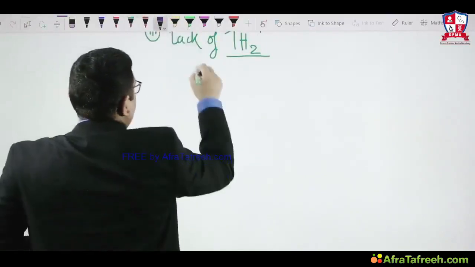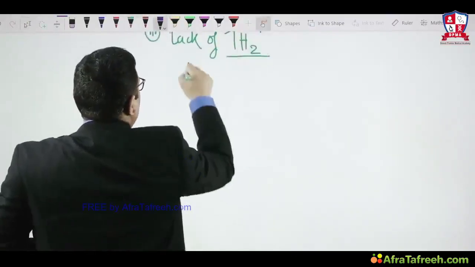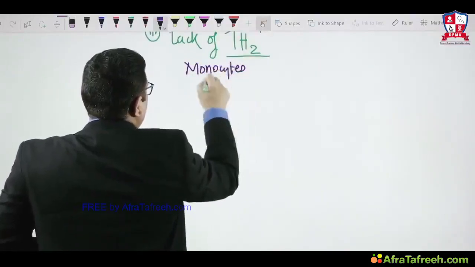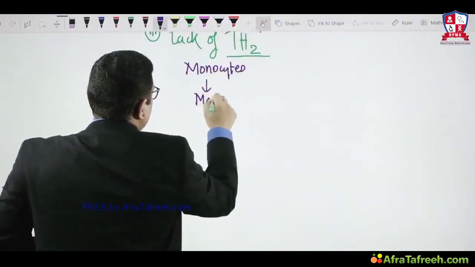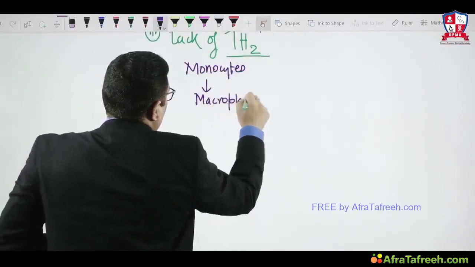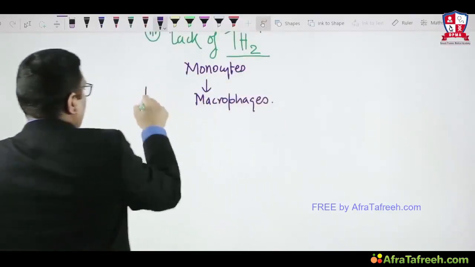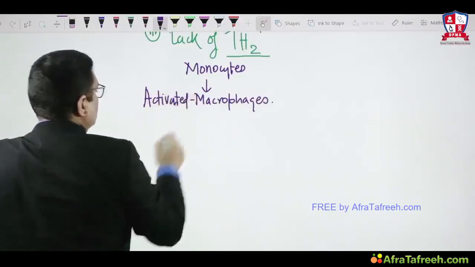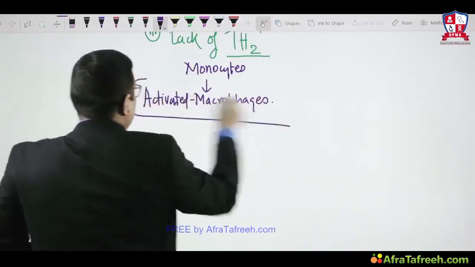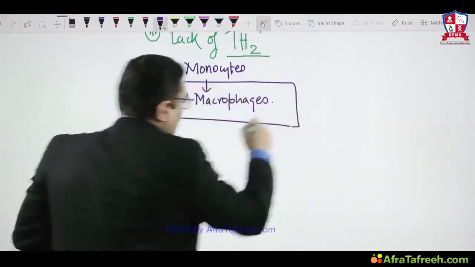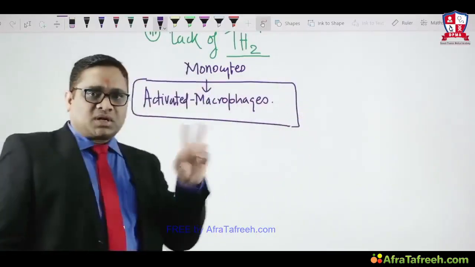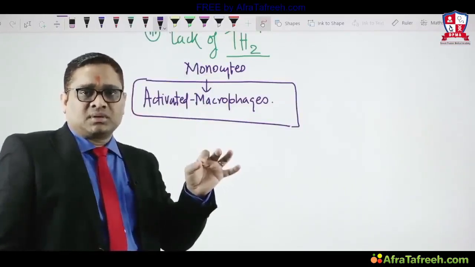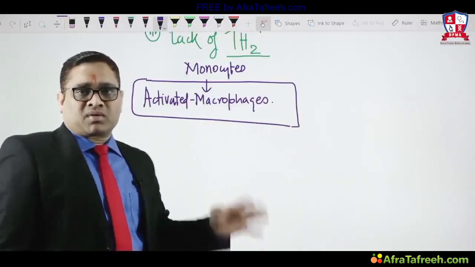Macrophages, we all know, arise from monocytes. Monocytes form macrophages, and macrophages are activated; they are called activated macrophages. This is the important concept we have to understand. Activated macrophages are of two categories: classically activated macrophages and alternatively activated macrophages.